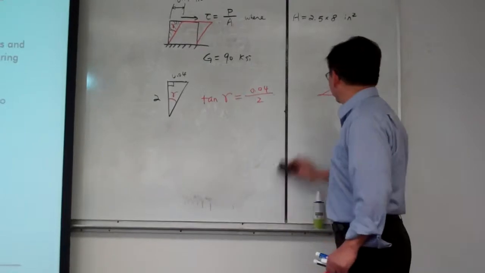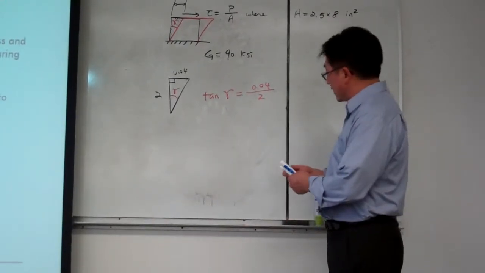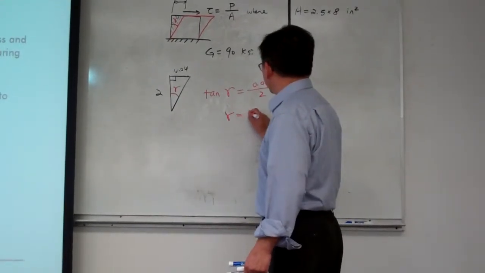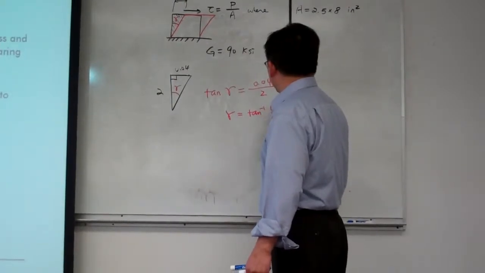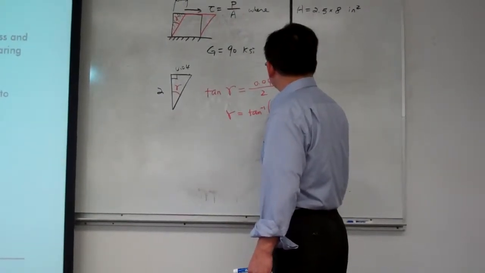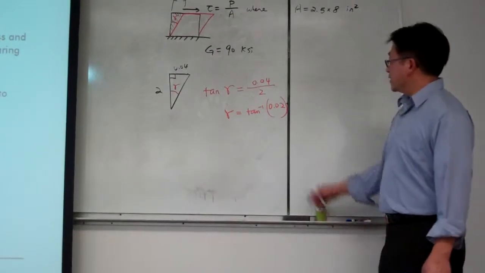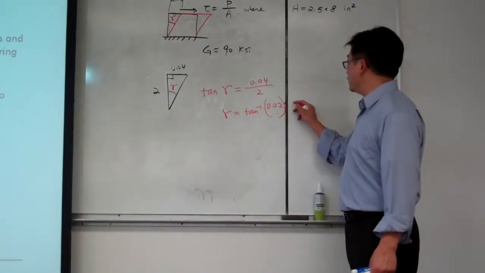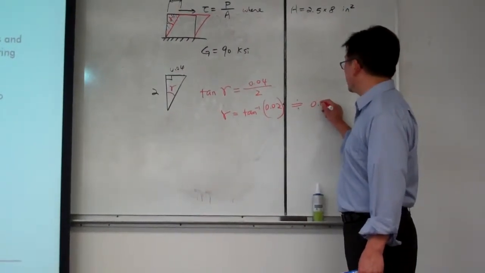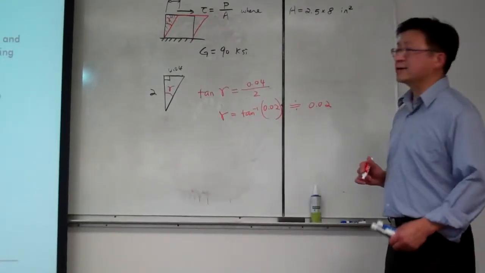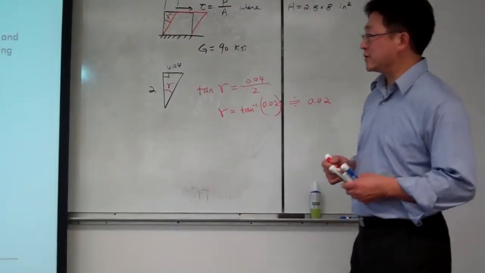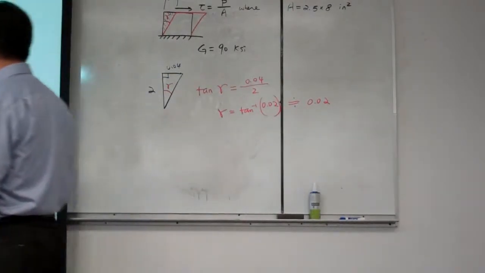Okay, anyhow, in this way, the gamma is equal to arctangent 0.02. And this is a very small number, so basically we can approximate it as just equal to 0.02. That should be fine. Or otherwise, you can punch your calculator, but that number should be very close.